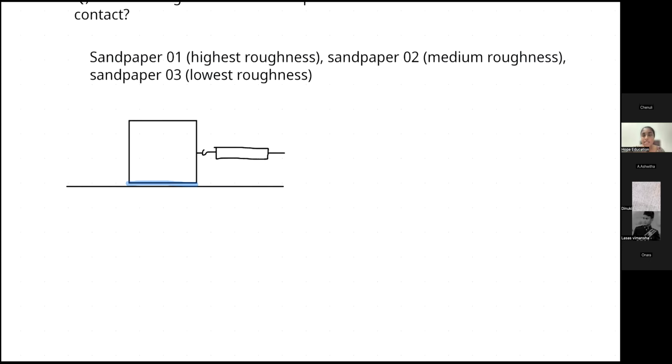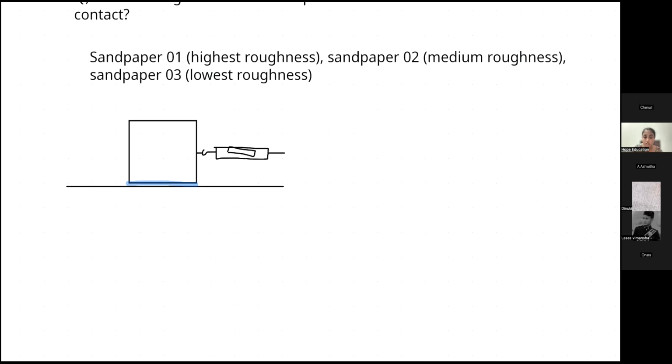I have attached sandpaper 1 to my object, kept it on the table and fixed the Newton balance to the object. Now I pull the Newton balance slightly. As I pull, the force increases. Whatever the force you are applying, you can read it from there.